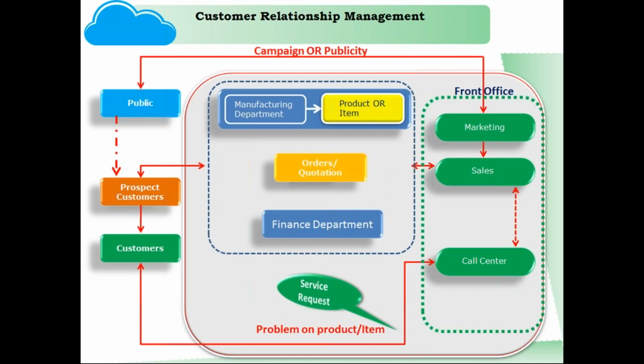So the management will take decisions using this data: in our next release, these issues should not be there. We need to do permanent fixing, then only they can sustain in the market, right?